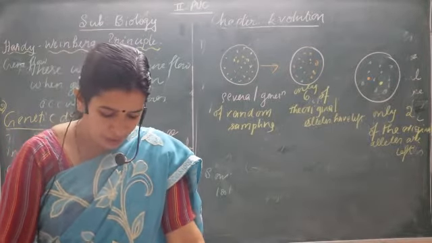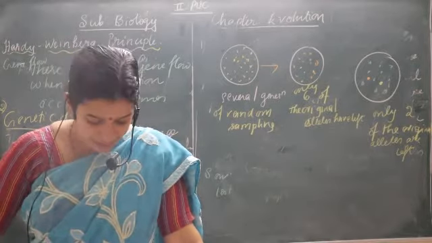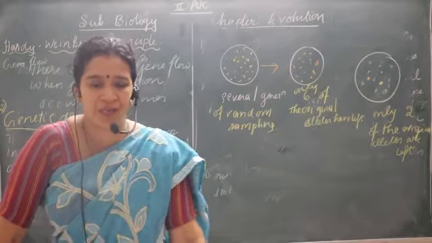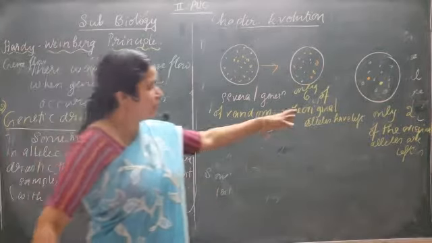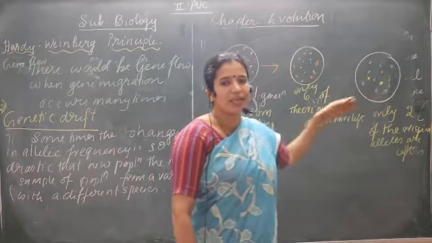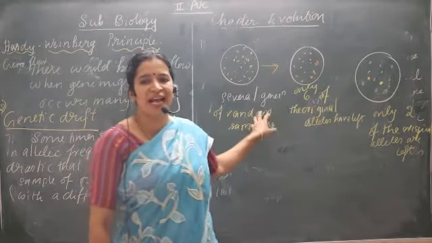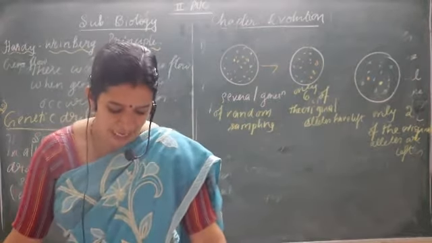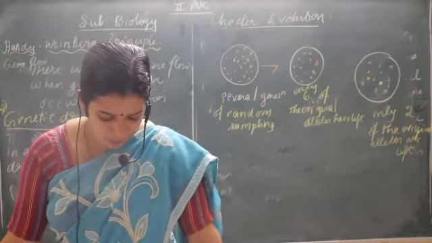Due to changes in allelic frequency in a population, some form a different species. Why were only 2 left and all others new? Because some changes occurred in the genetic frequencies, which formed a different species.